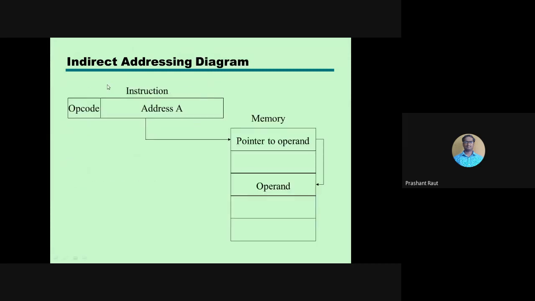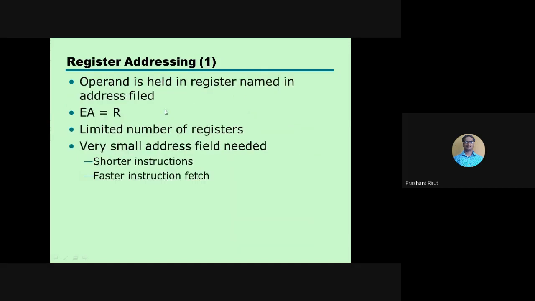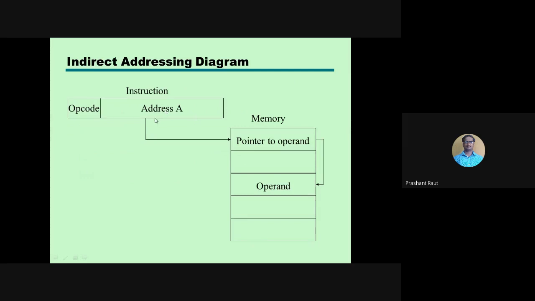So here it is indirect addressing mode, because whatever address is available inside the instruction is nothing but the pointer to the operand. If you follow this address, you will get the location in memory, and at this memory you will get the pointer to the operand. Following this pointer, you will get the content of the operand here.